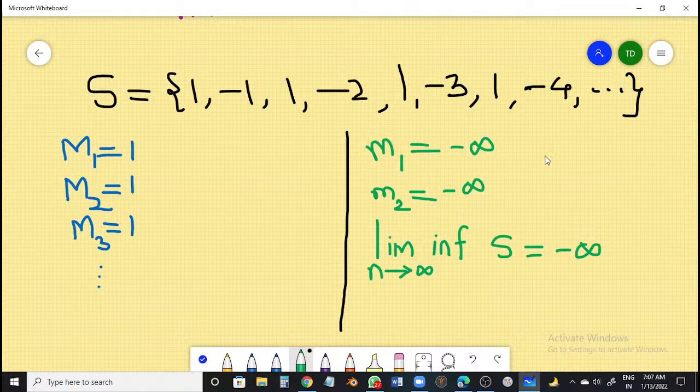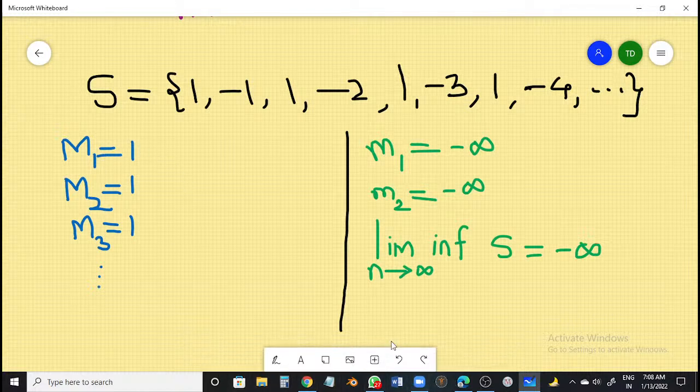So if limit inferior exists, then that sequence must be bounded below. Same is the case with limit superior: the sequence must be bounded above. Then and only then can we find out the limit superior and limit inferior.